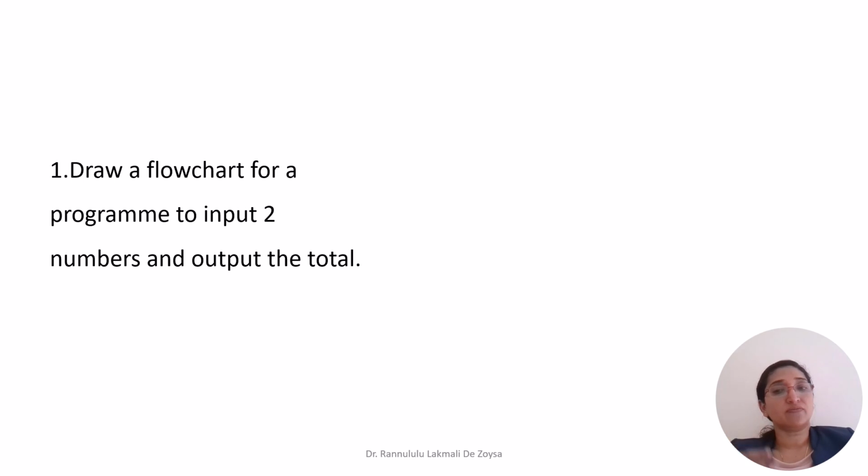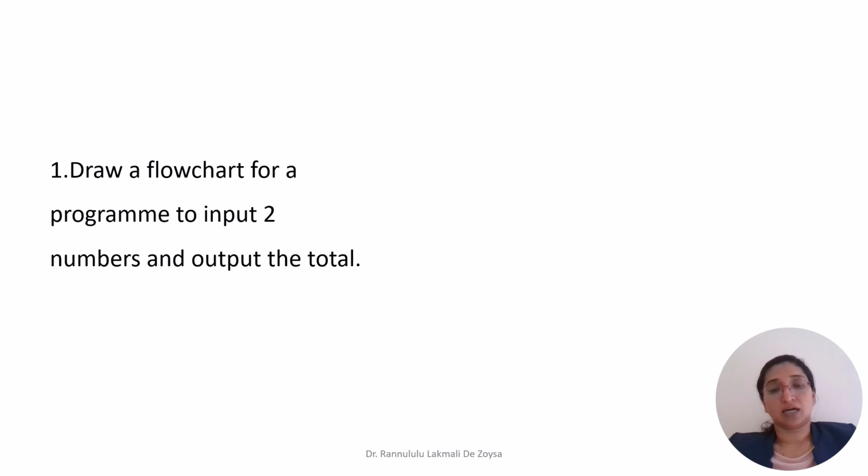So whenever you are given this type of a question, you need to think of what is the control structure that I should use for this, and what are my inputs, and based on these inputs, what is the expected output. So there are 2 inputs. You need to input number 1 and number 2. Once you get the 2 numbers, you need to add the 2 numbers and output the total.